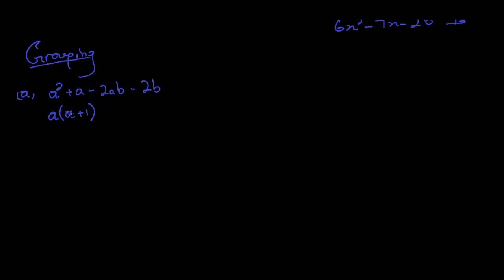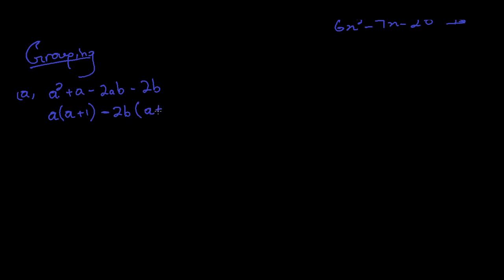Remember guys, this is a common factor. If you don't understand how I got here, rewind the video, you'll know. Then you say minus, you take out a common factor here again, which is negative 2b. Since negative 2 is common in both, and b is also common in both terms, you take that out. Then what are you left with?